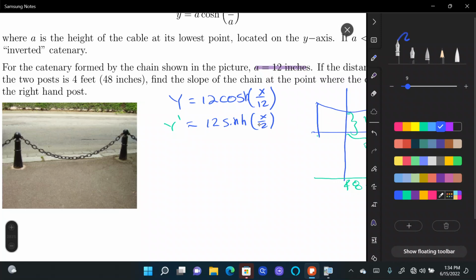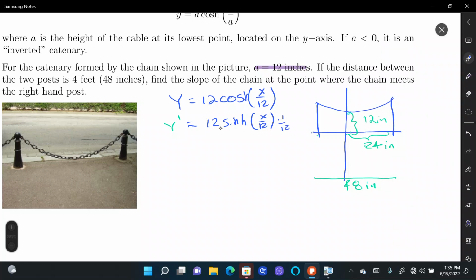x over 12, and what's the derivative of x over 12? Isn't it 1/12? All right. And notice how these 12s cancel, leaving us with y prime equals sinh x over 12.